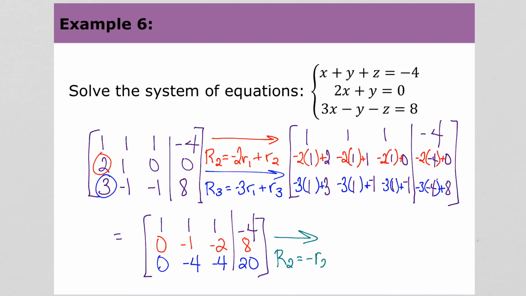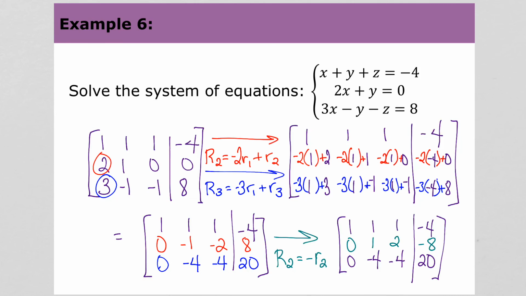So negative times row 2, and that will give us a new row 2. Okay, so we're just going to change the values of everything there.